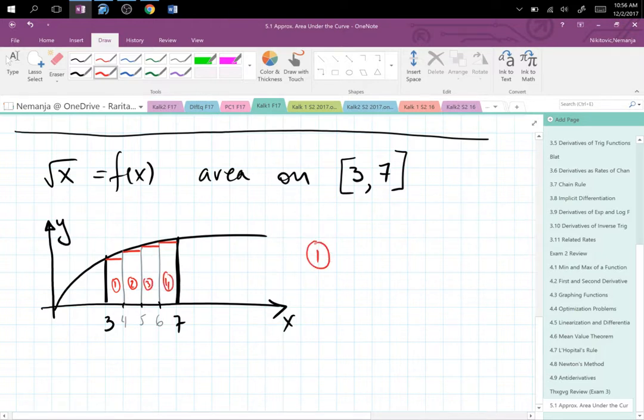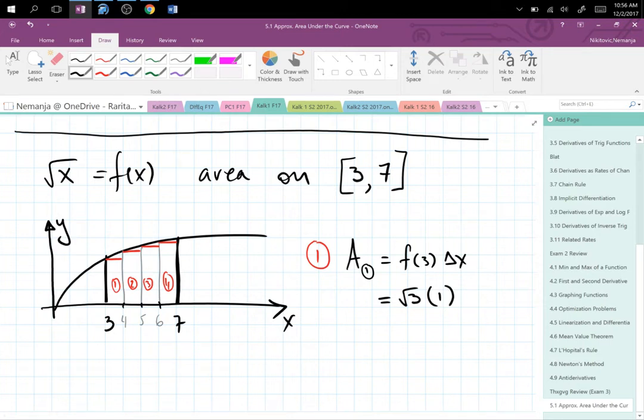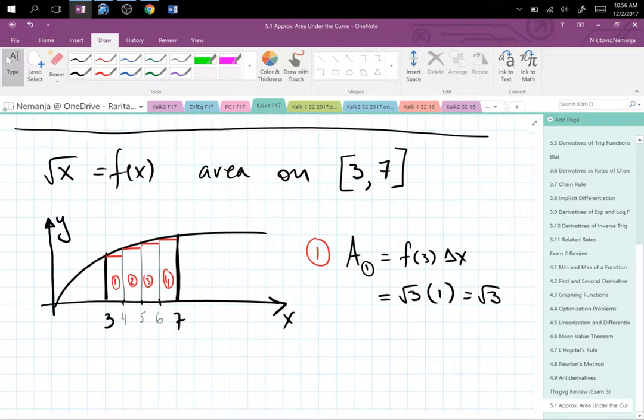For rectangle number 1, the area is going to be the height, which is f calculated at 3, times delta x. Well, f calculated at 3 is root 3, and delta x is 1, because the difference between 3 and 4 is 1. Delta x is simply subtraction of smaller from bigger points. So the area of the first rectangle is approximated by root 3.